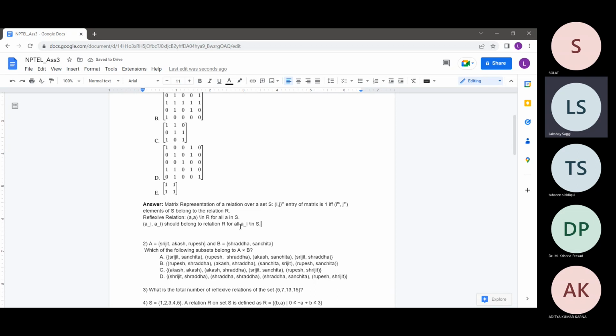So basically for all elements ai which are a part of S, (ai, ai) should belong to the relation R. Only then we can say that the relation is reflexive.